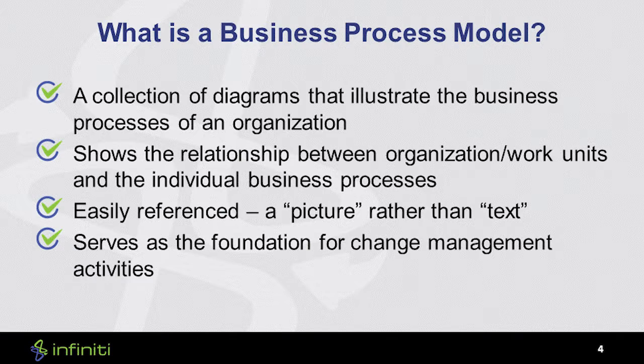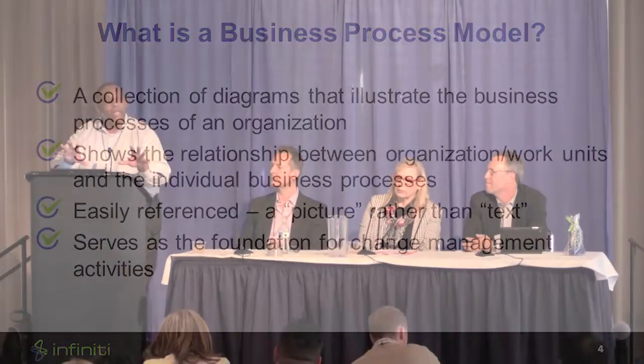What are our functions? What do we do? And then after you do your functional hierarchy diagram, the next step is identifying how you do it. And that's where the business process modeling comes in. So the functional hierarchy diagram that Gary's going to talk about tells you what your organization does from a business perspective. The modeling tells you how you do it.